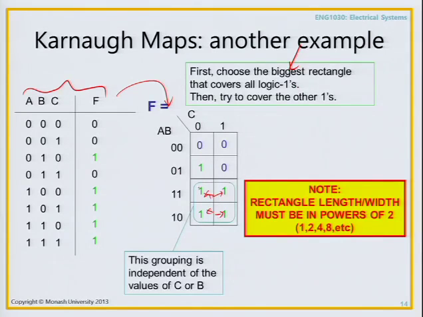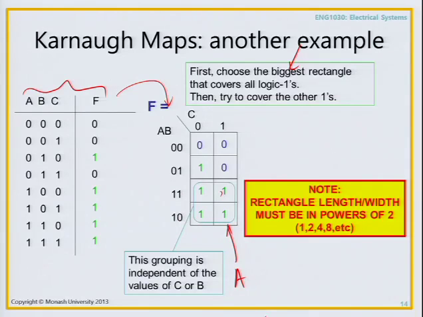So for each one of these terms, A equals 1 for both of these, and we can see that it doesn't matter what C is. C could be 0 or 1, and it doesn't matter what B is. B could be 0 or 1. So these are independent of C and B, and this is given as A equals 1. So in actual fact, this term represents simply the term A.